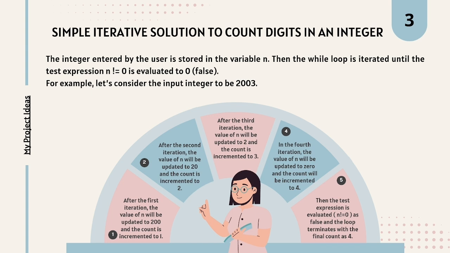In the third iteration, 0, 0, 3 are gone and only the number 2 is left in n, so the count is incremented to 3. In the last iteration, all the digits of 2003 are counted, so the count will be 4 and n will be equal to 0. In the fifth check, the loop will be terminated. The final count will be 4 and n will be 0.